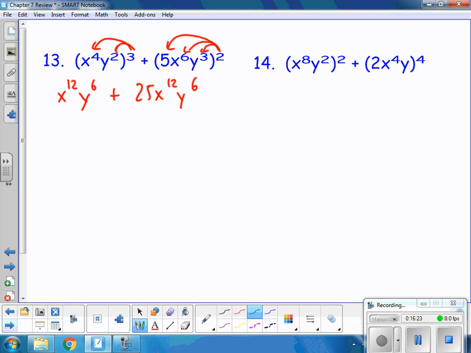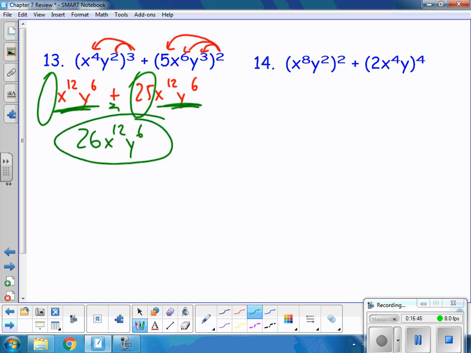Now because I'm adding, I'm going to combine like terms, and my term is x to the 12th, y to the 6th, x to the 12th, y to the 6th. So I can bring these together. On my right side there's one of them. On the left side there's one of them. On the right side there's 25 of them. I can bring them together and I can see that I have 26 x to the 12th y to the 6ths, and that's my final answer.